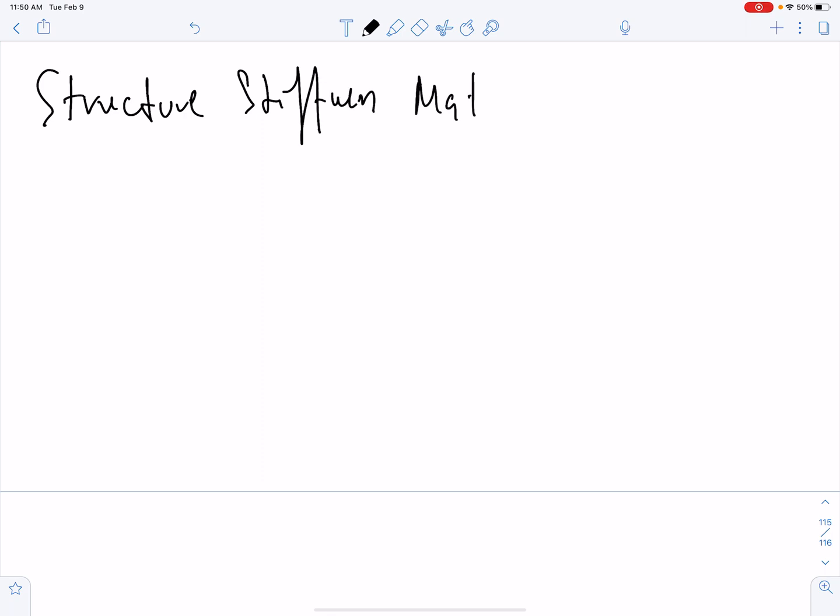Okay. So we introduced the notion of a structure stiffness matrix. And we looked at DOFs and numbering.